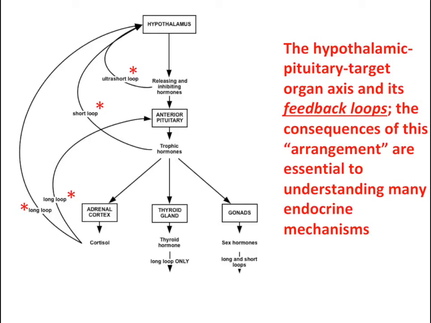And then ACTH releases cortisol from the adrenal cortex, and via long loop feedback it inhibits the anterior pituitary and the hypothalamus. And so what this does is prevent an over stimulation of release, effective control, and a pulsatile pattern of hormone release. And it's important to remember that sometimes the ultra short loop and the short loop are not found, depending on which hormones we're talking about.